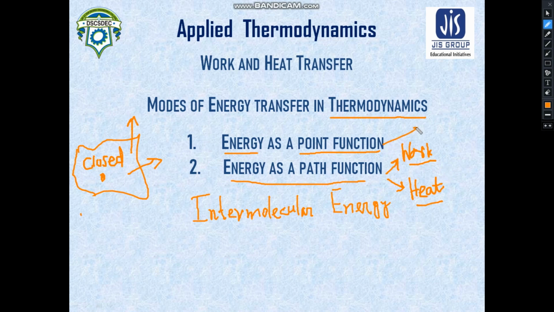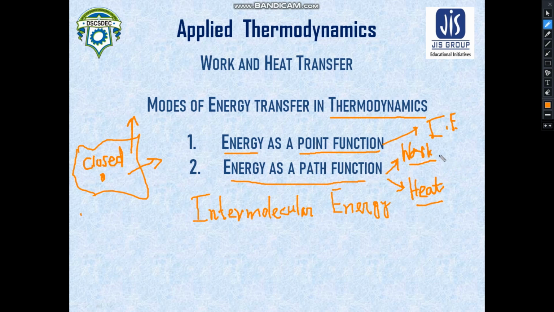So this is for internal energy or intermolecular energy, whereas the energy which takes place through the boundaries, we call energy in transit. This type of energy can be broadly classified into two categories: work transfer and heat transfer.